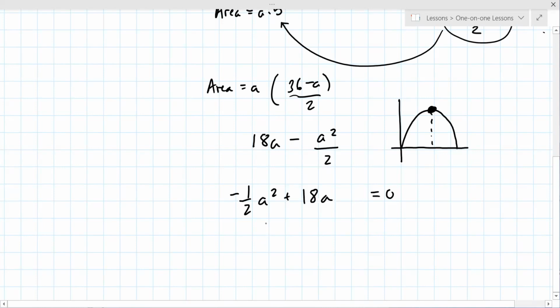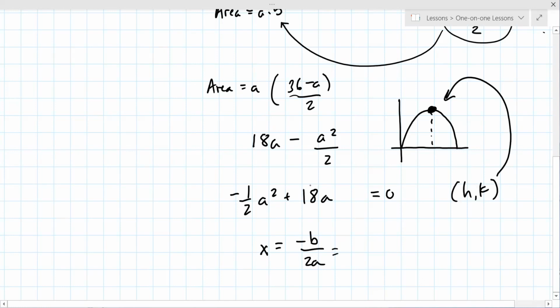Do you remember how to find the vertex when it's in this form? H comma K when it's in this form, but it's not. So it's minus B over 2A. The problem is that the A here, and they tend to do this a lot, I'm remembering this now, is they tend to use the letter that you want to use in the problem.